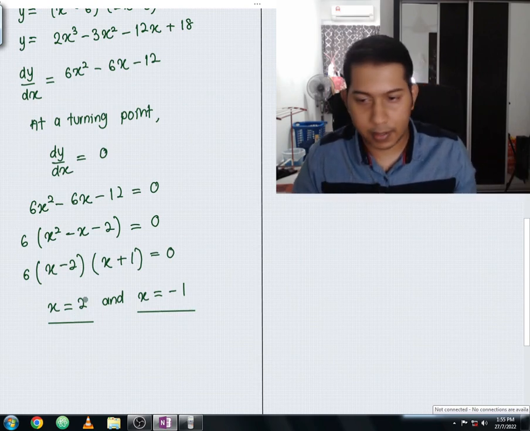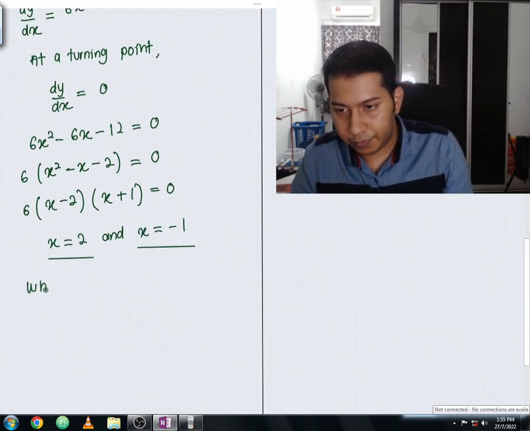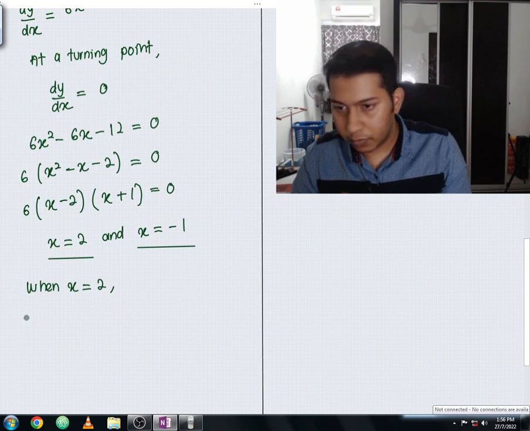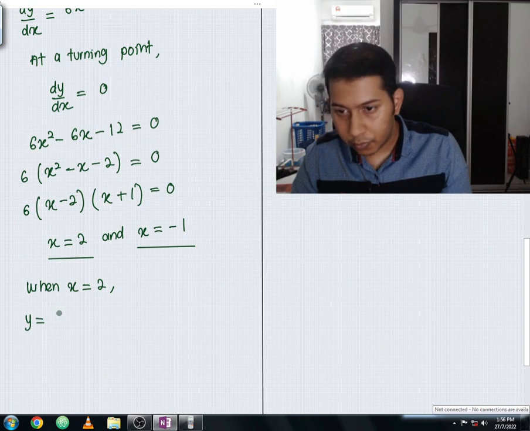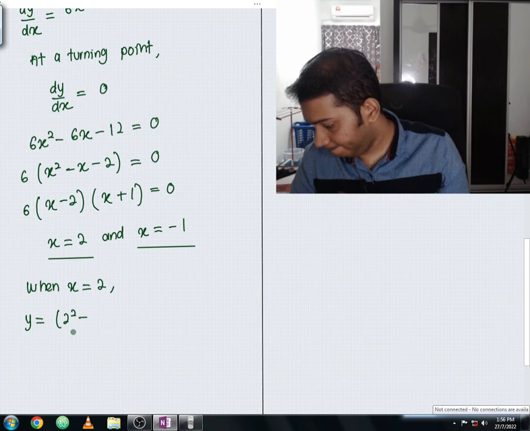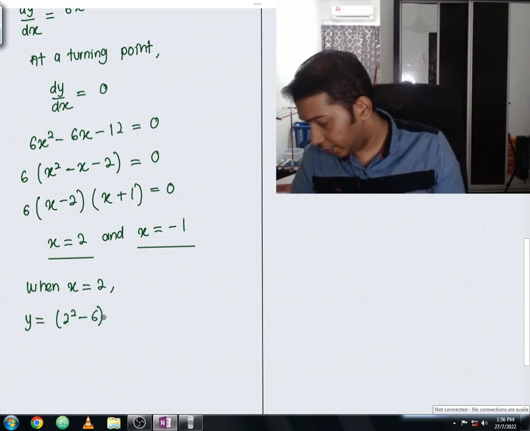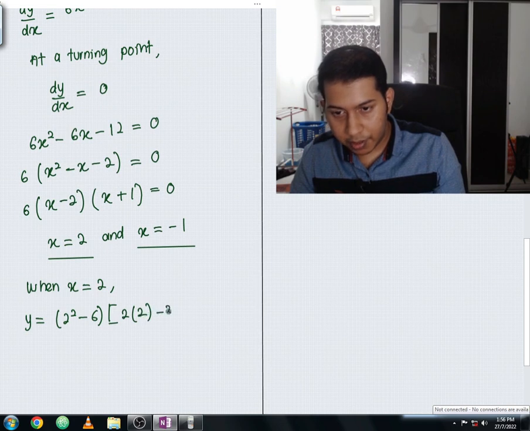So let us start with this first. When x equals to 2, so from here y equals to 2 square minus 6, okay, and then times with 2 times with 2 minus 3, close bracket.